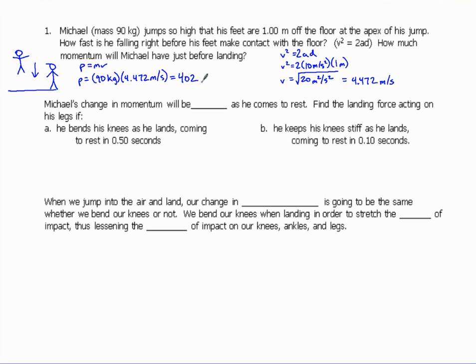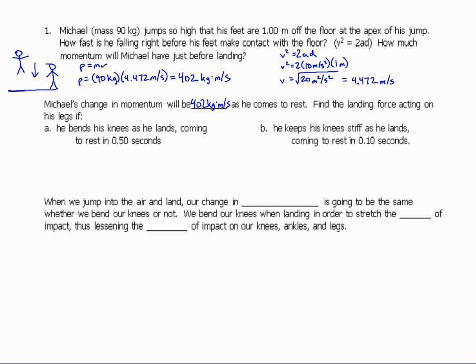And so his momentum is 402 kilograms times meters per second, in the instant just before he lands. Michael's change in momentum will be 402 kilograms times meters per second as he comes to a rest.